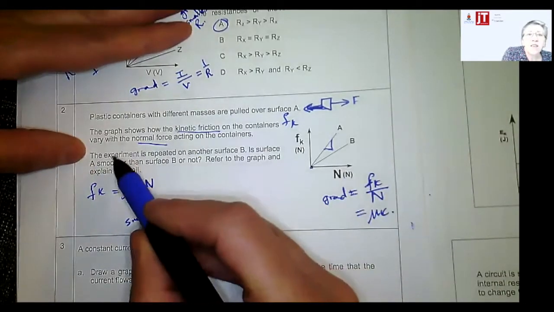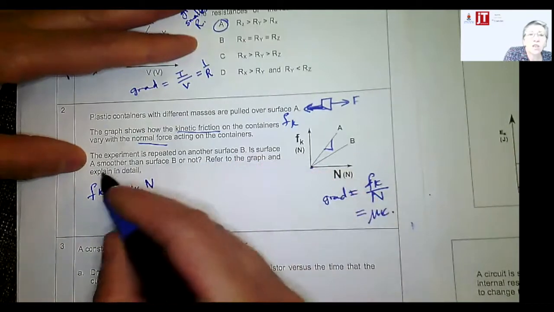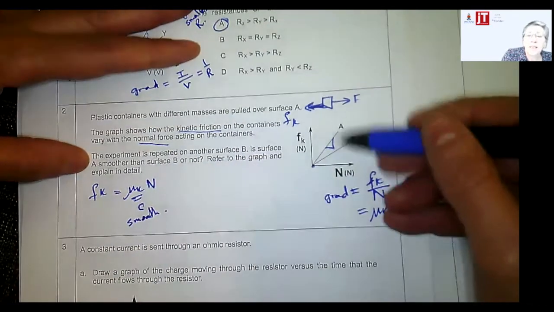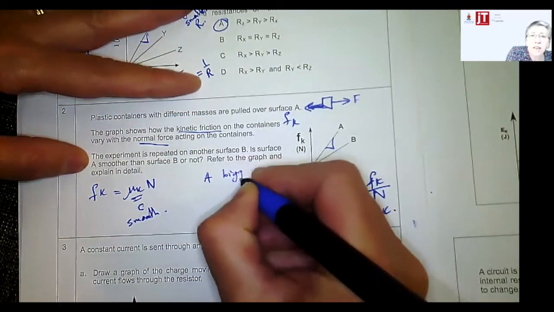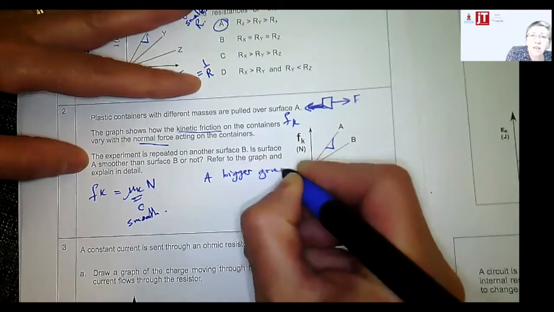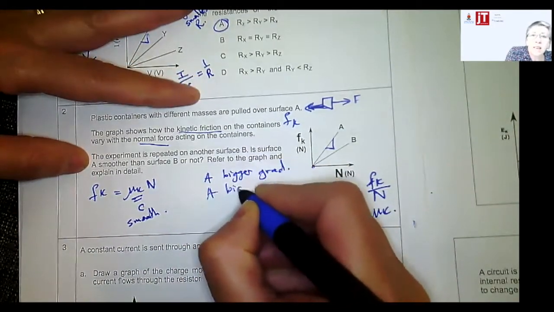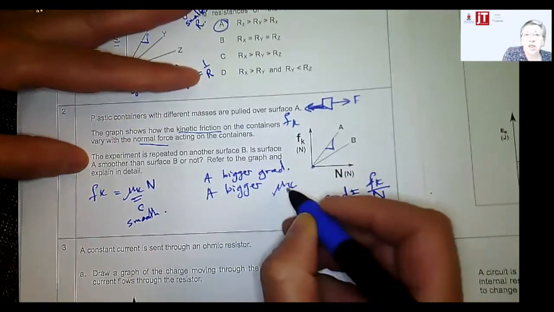So now they repeat this for a surface B, and they ask, is surface A smoother or not? Now, what do we say? A has got a bigger gradient, right? Which means that A has got the bigger coefficient of friction, right?